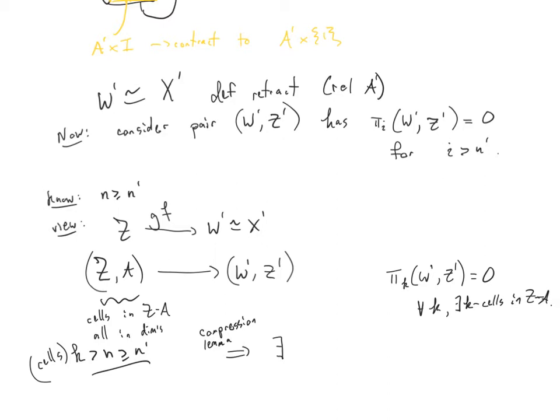So there exists a map, let's call it h, going from z to z prime, with h homotopic to g of f rel a. So this gives the first part of the desired conclusion.